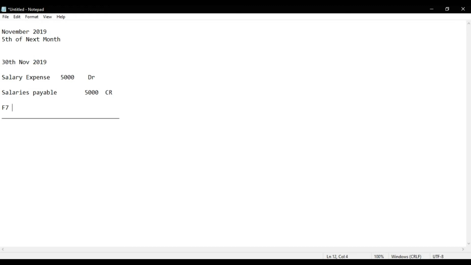through journal in Tally, where you're not paying anything, you're not receiving anything. So when you actually pay the salary on the 5th of next month, December, what is the entry now? Salary payable is debit, and credit is, let's suppose, the bank account.